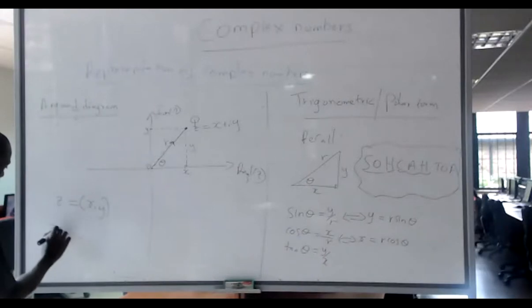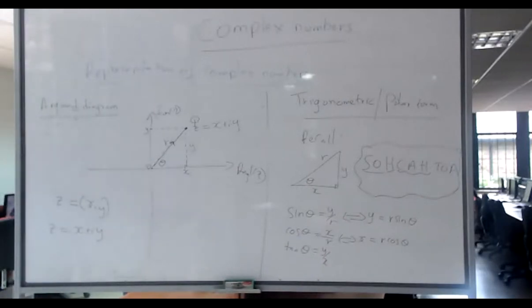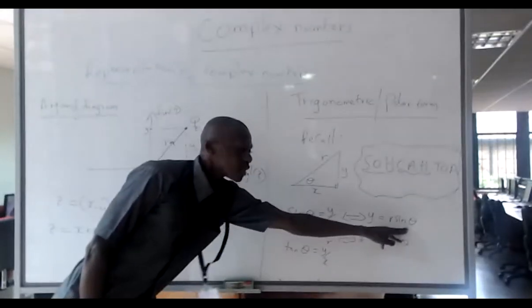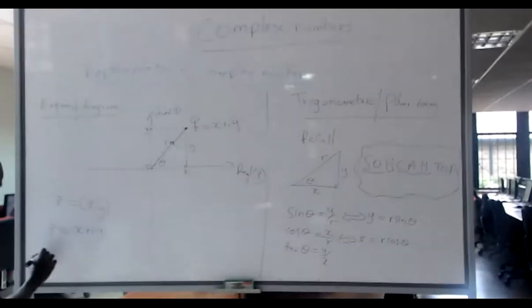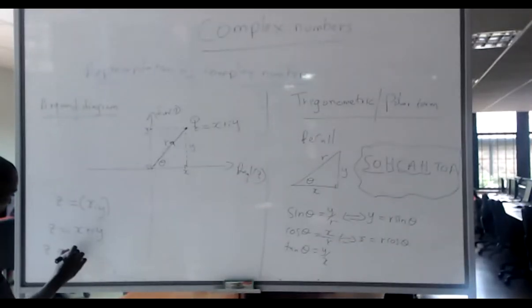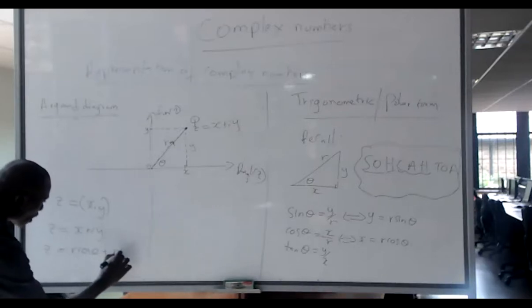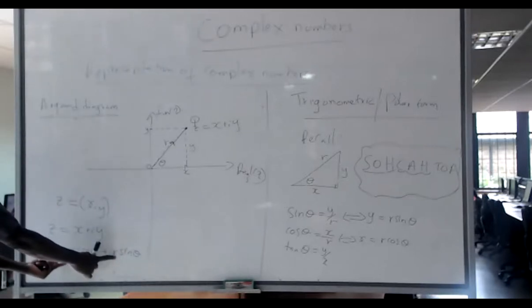We have defined z as x plus iy. But we know that x is r cos theta, y is r sine theta. So let me come and replace them. So here I have z is the same as r times cosine of theta plus i times r sine of theta. r is common, you can factorize.